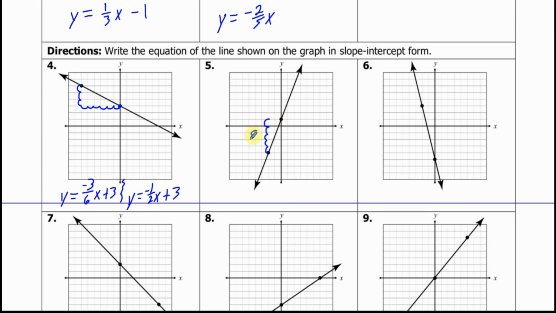Up 5. 1, 2 over 2. So we're going to have y equals 5 halves x, slope in front of x, y-intercept, that's where it hits the y-axis, that's at 1, plus 1.